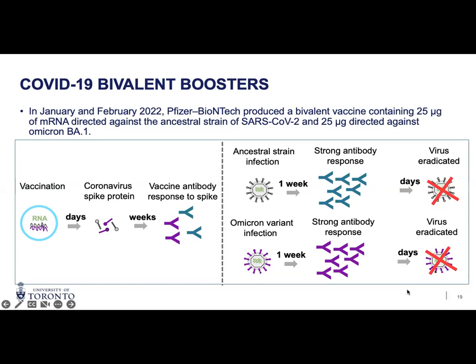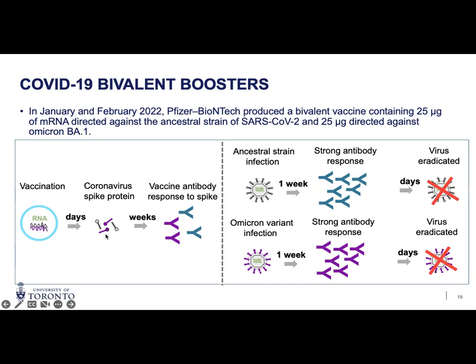In January and February 2022, Pfizer BioNTech produced a bivalent vaccine containing 25 micrograms of mRNA directed against the ancestral strain of SARS-CoV-2 and 25 micrograms directed against the Omicron BA.1 strain. So we see that instead of one RNA sequence, the vaccine contains two RNA sequences for two different variants of the spike protein.